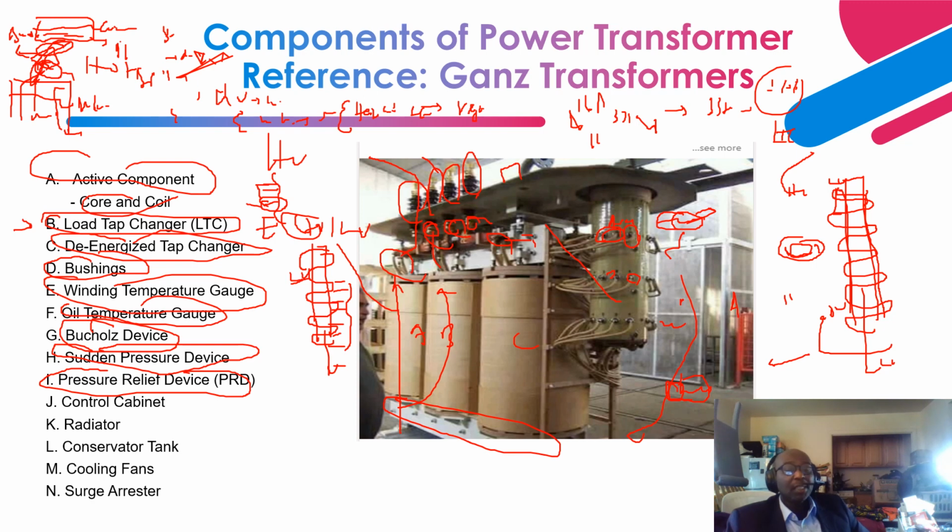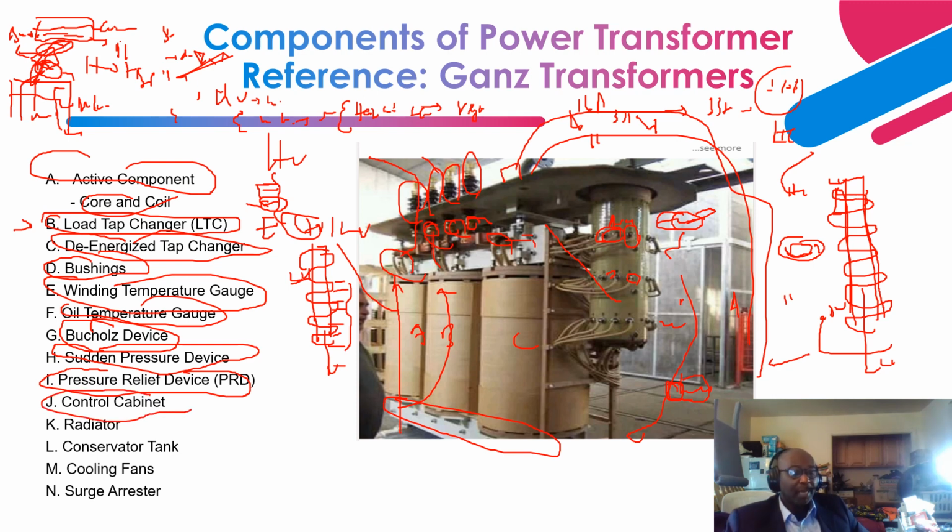Okay, so this pressure relief device has been designed and set to detect that amount of pressure buildup and basically open up to expunge all the oil that is inside the transformer. More of a safety factor, for both personnel and also for buildings in close proximity to the transformer.